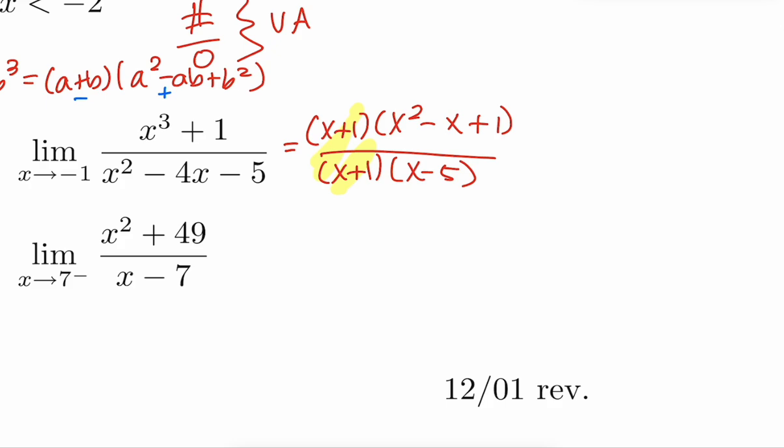So if I plug -1 into the top, I get 1 plus 1 plus 1. And if I plug -1 into the bottom, I get -6. I get 3 over -6. The answer is -1/2. So you can tell it becomes much easier than what it was initially.